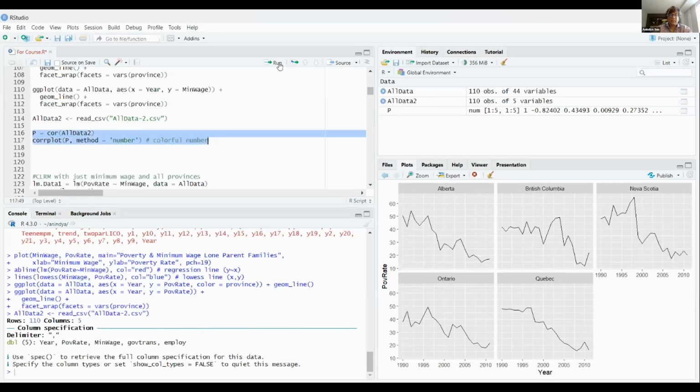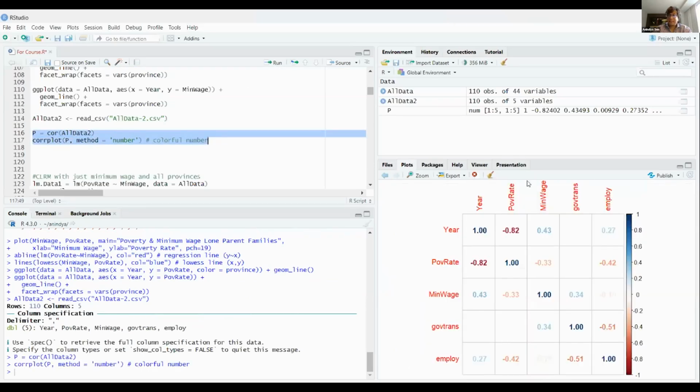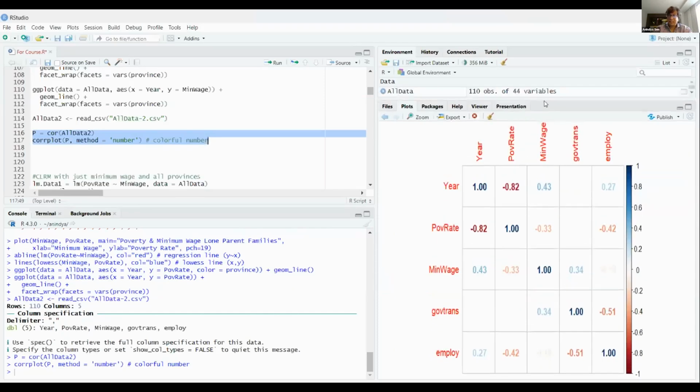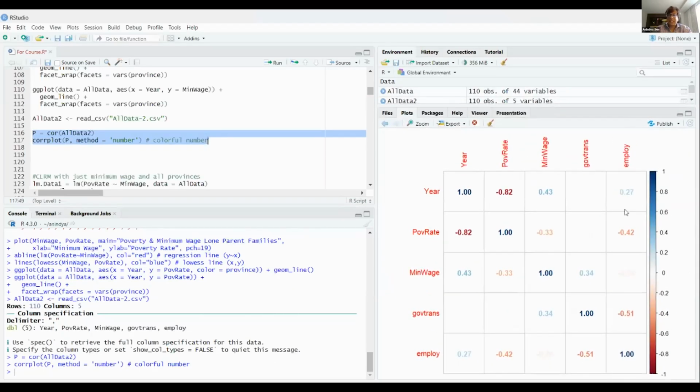So when I do that, look at that. This is just a really nice visual to have. So you have poverty rate, minimum wage, government transfers, and employment rate. So remember what I told you before, that we assume that minimum wage is the only factor that can affect poverty rates.